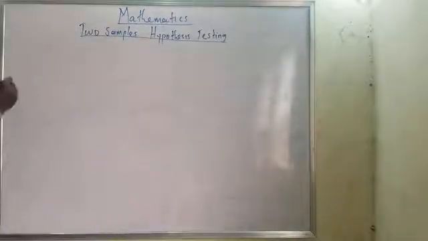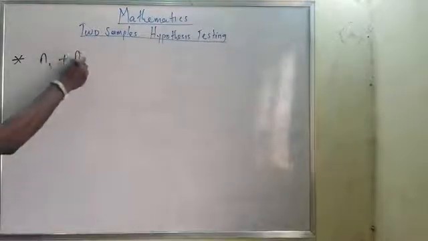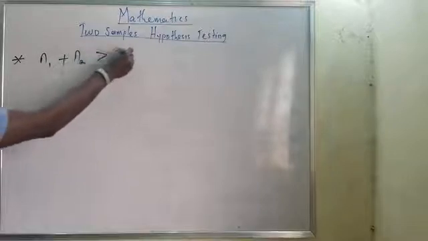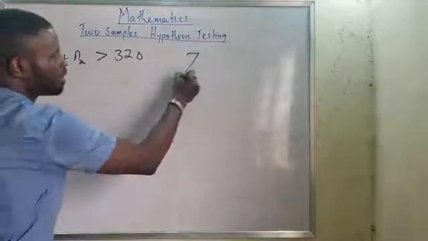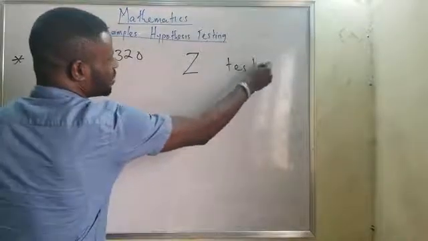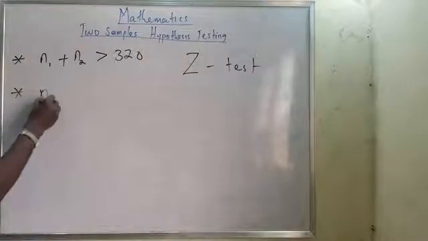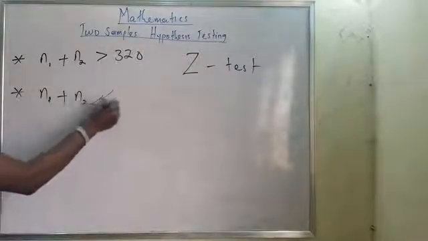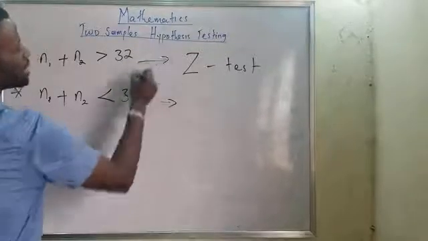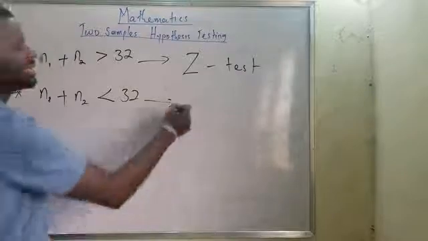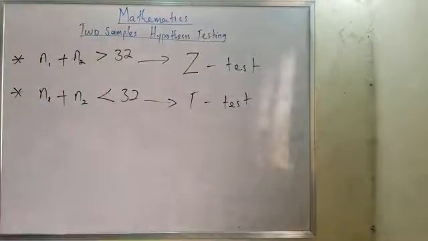Number one, if my N1 plus N2 is greater than 32, it means I'm talking about the Z-test. But if my N1 plus N2 is less than 32, I'll be working on the T-test. That is very important.